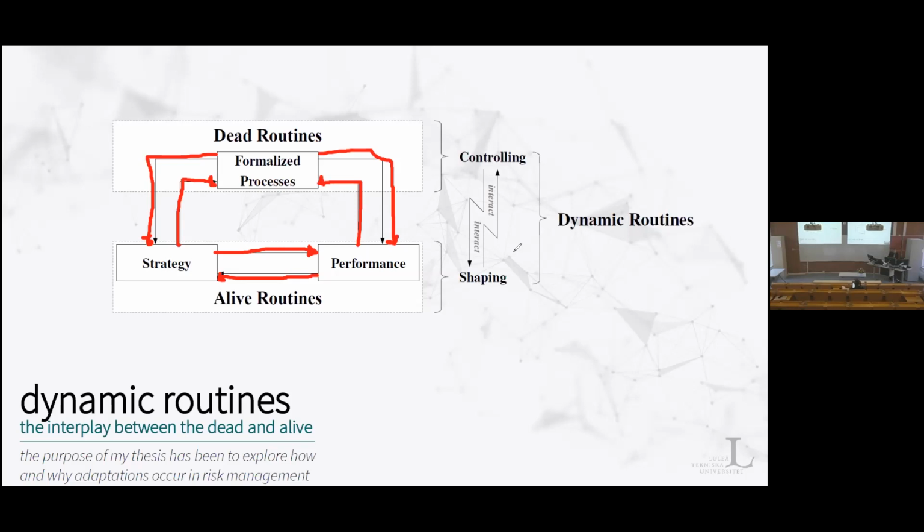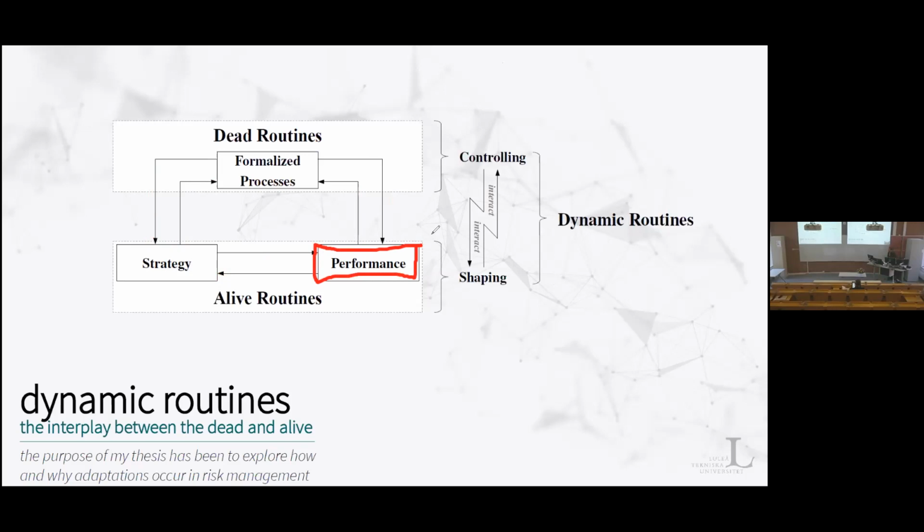But it remains unclear how and why similar adaptations occur from performing these in practice. Because of this, I have chosen in this thesis to focus on this performance aspect of performing risk management routines.